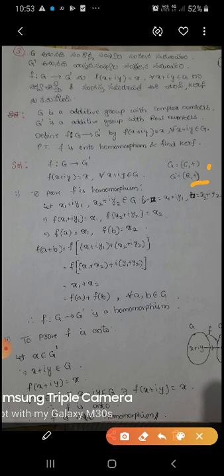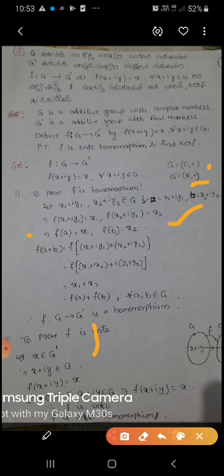Let x1 + iy1, x2 + iy2 belong to G, and a = x1 + iy1, b = x2 + iy2. That implies f(x1 + iy1) = x1, f(x2 + iy2) = x2 by the definition given.